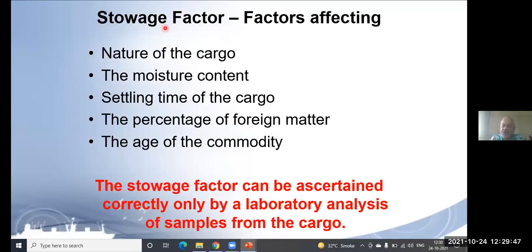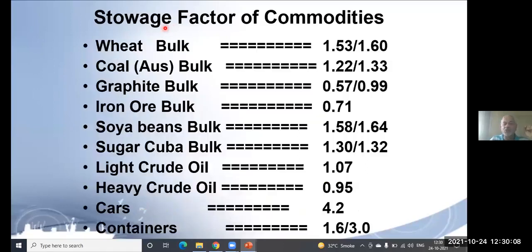The main cargo may be just at the center, but some protruding parts are outside. That is also going to lose a lot of your space, and that is also going to increase the stowage factor, loss of space. So this is what is about stowage factor and broken stowage.